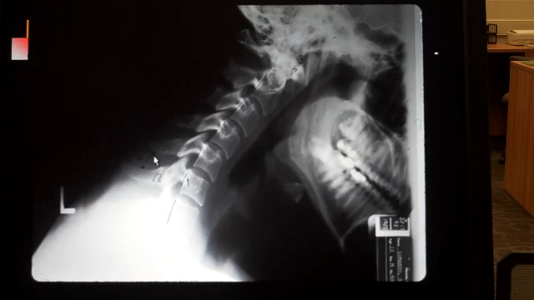As the person flexes their chin to their chest, you want to see an equal amount of fanning between these spinous processes. If you see that two lock together and do not equally fan out as the person flexes their head, then it indicates some kind of hypomobility at that segment level.